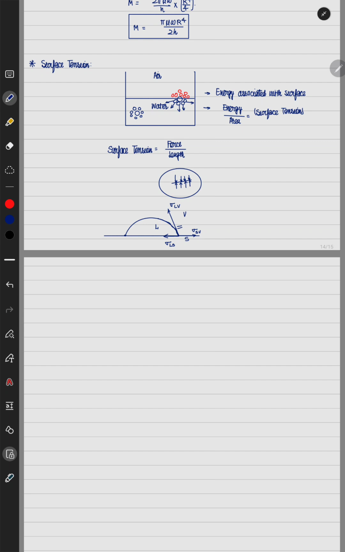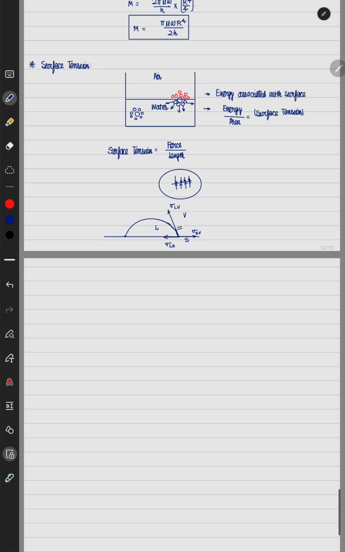Now if I want to balance the force in x direction, suppose this angle is theta. Theta is the angle which is made by this droplet with that of the surface.